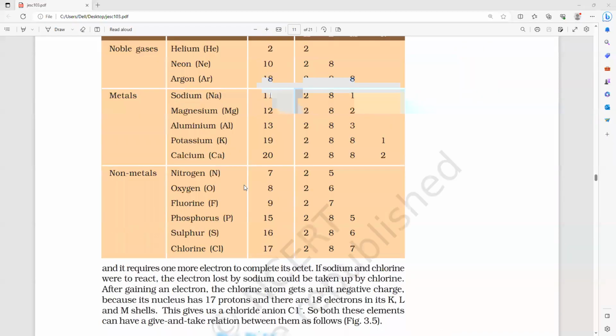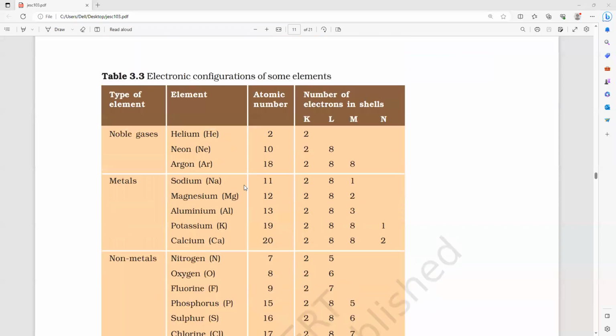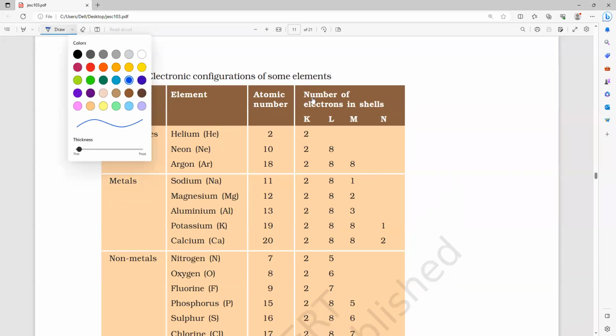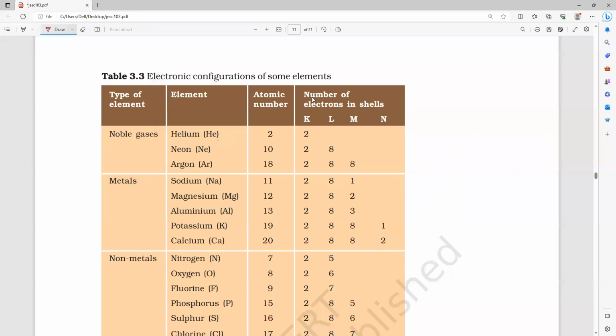Now, in your textbook they have given a table of noble gases. Of course, if you want, you can write it. So, noble gases, metals and non-metals. Let us observe this. Helium alone has only one shell.